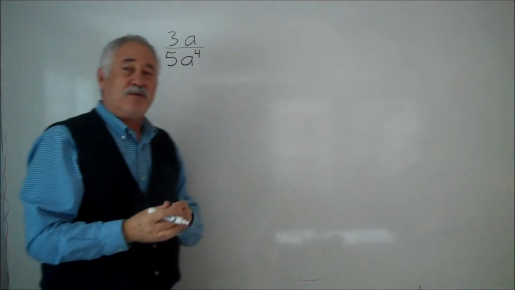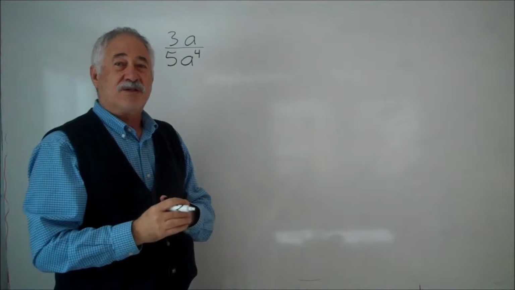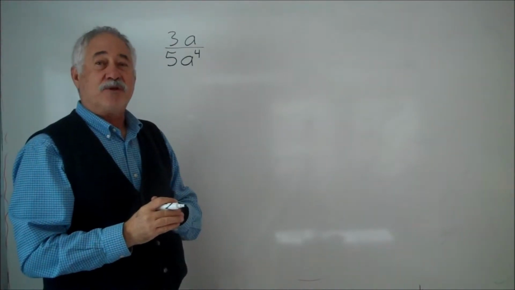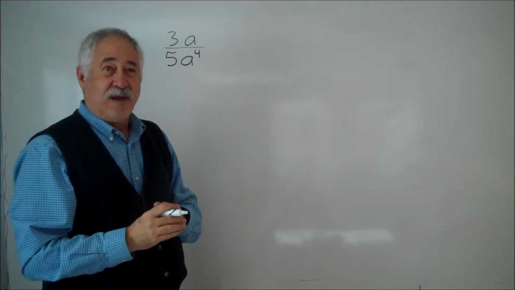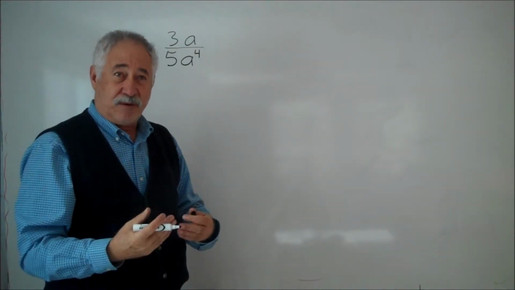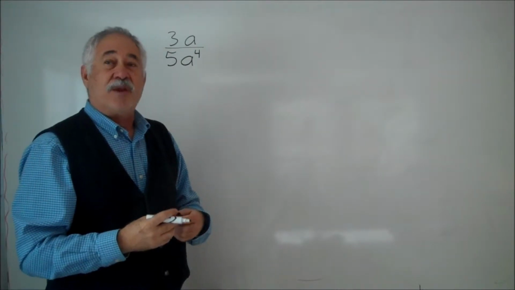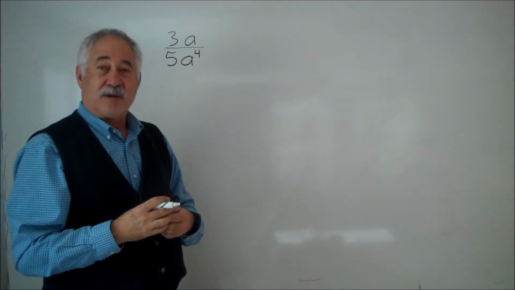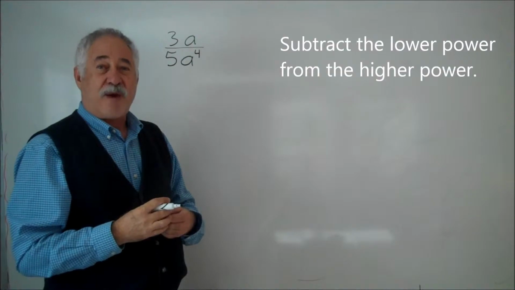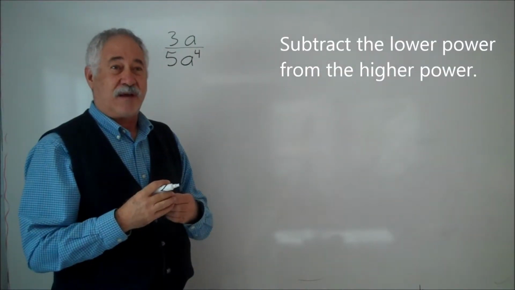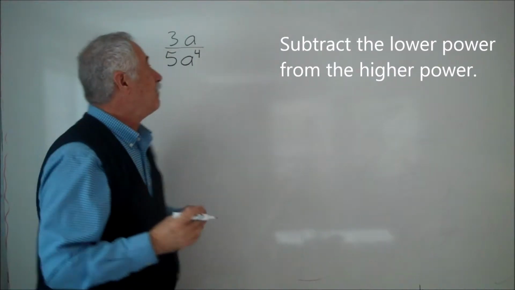The rule for reducing exponential terms is as simple as the rule for multiplying exponential terms. First you deal with the sign, then you deal with the rest of the number, then you deal with the letters alphabetically. The only difference from multiplying is that you subtract the powers, and I'll show you how to do that as we go through the problem.